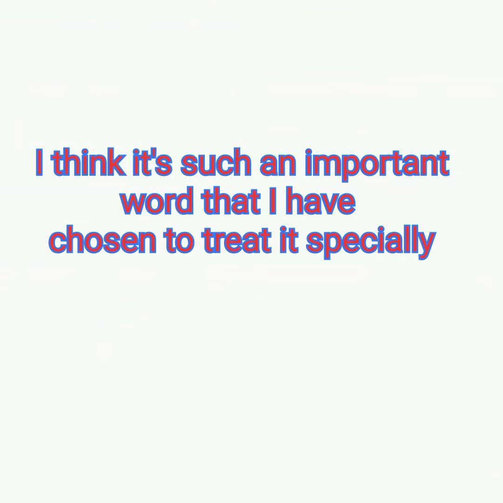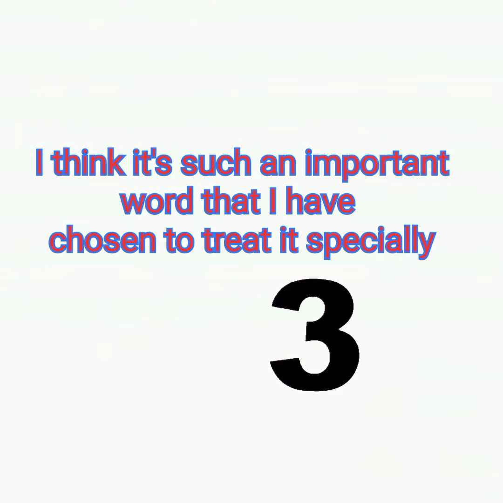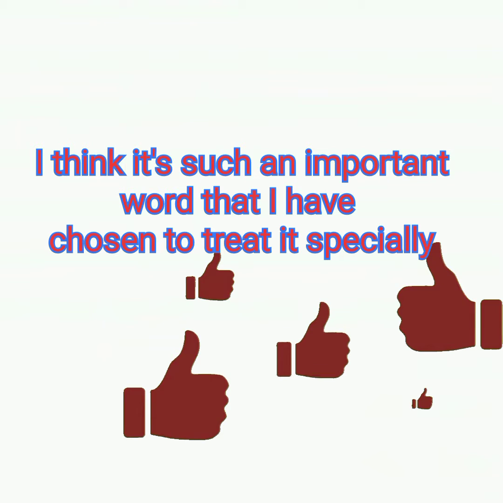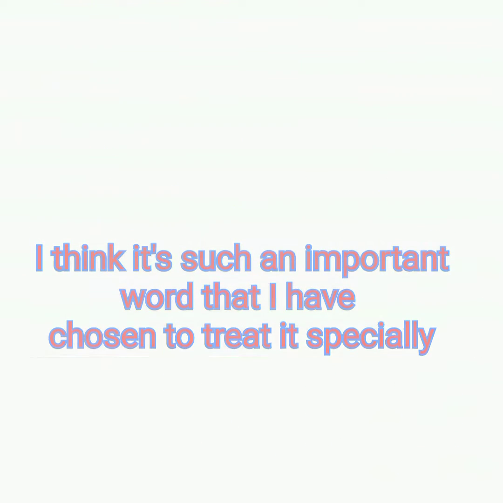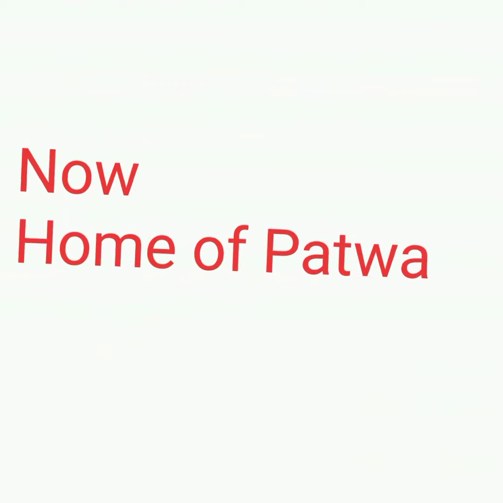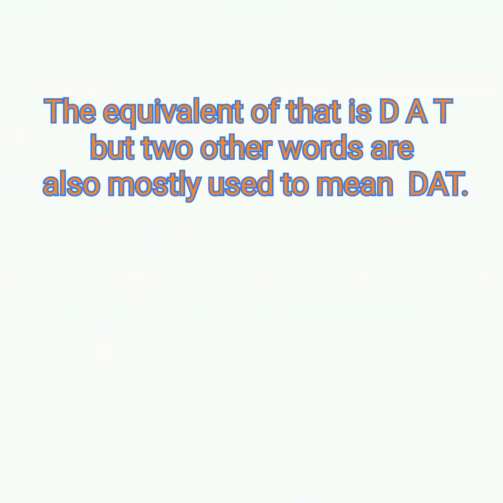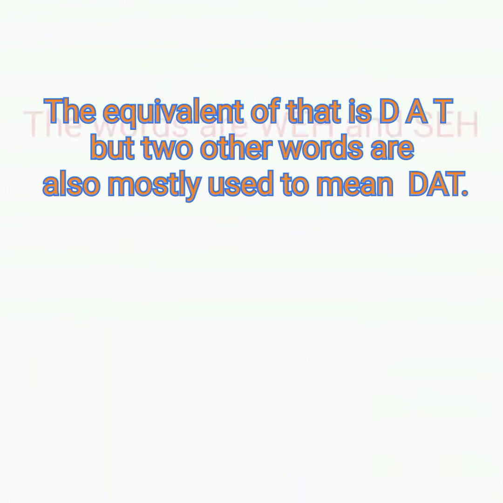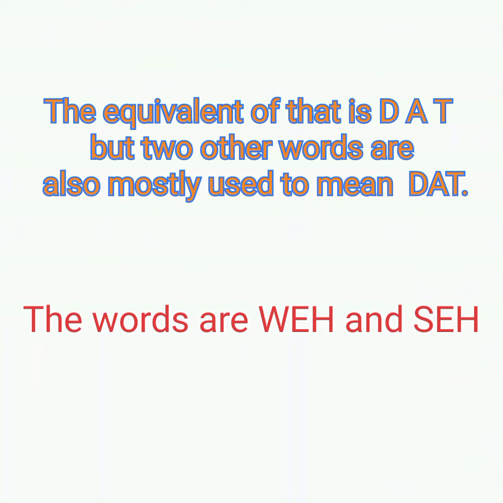This is such an important word that I've chosen to treat it specially. So let's move to the lesson. The equivalent of that is DAT, but there are two other words used mostly to replace that.